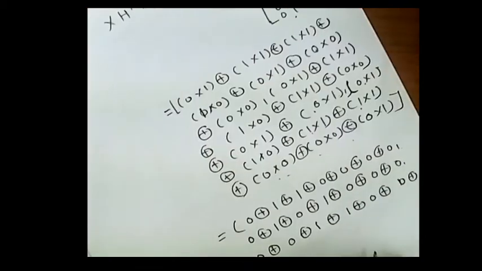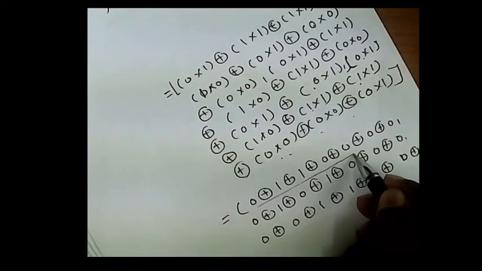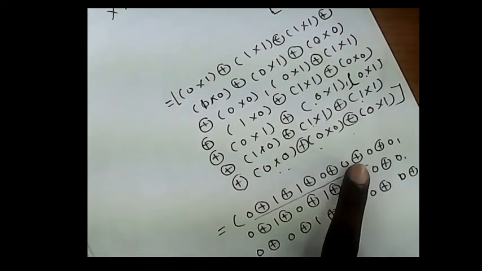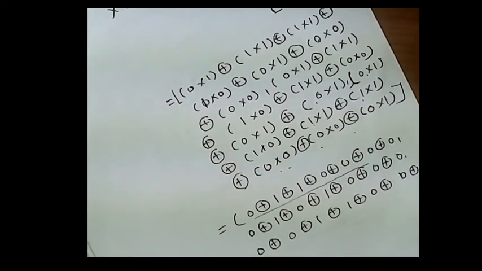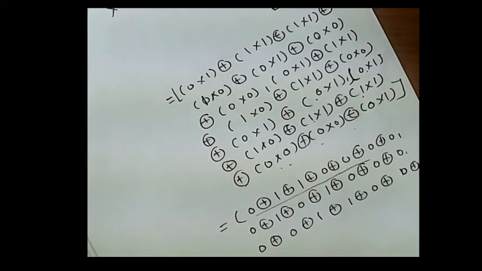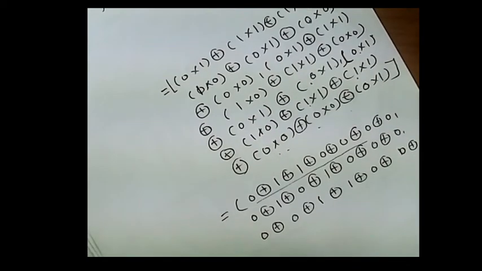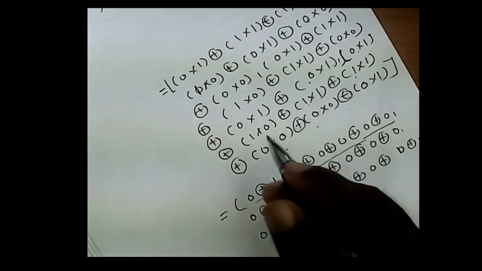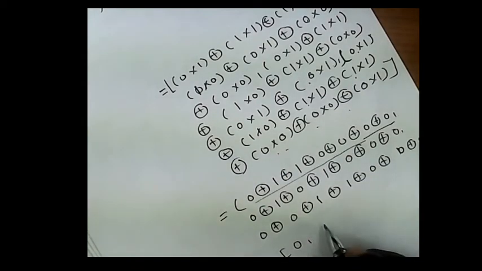After solving this, if you observe, the number of ones is even, so in XOR multiplication the output is 0. So this is the first row and first column multiplication, and the answer is 0.